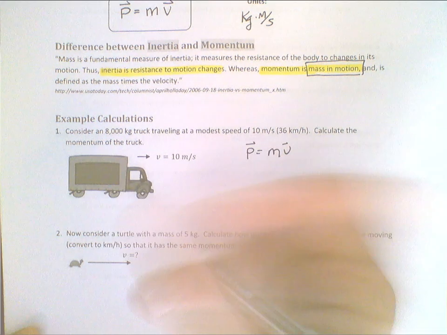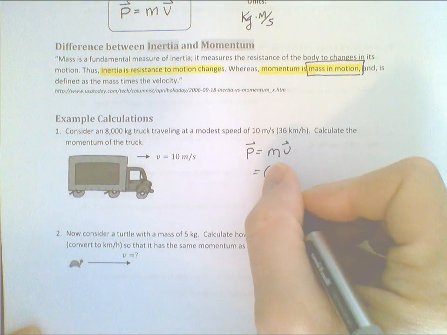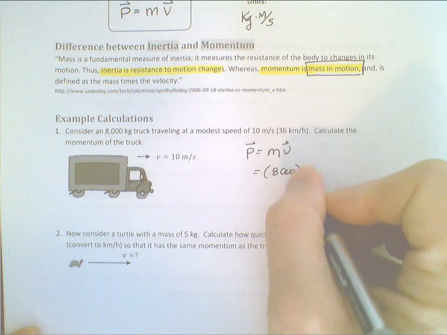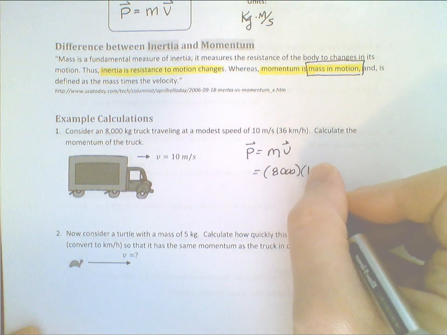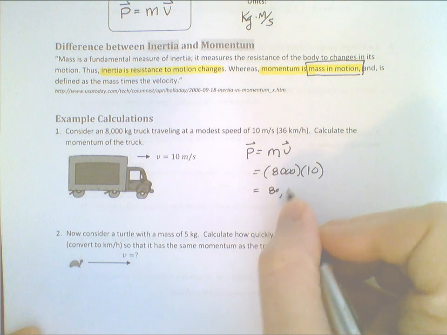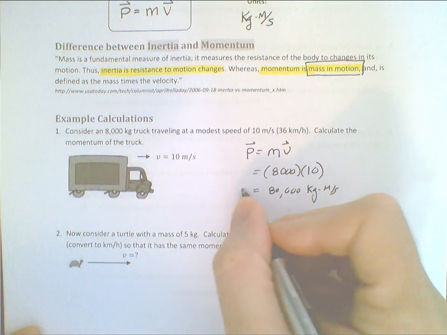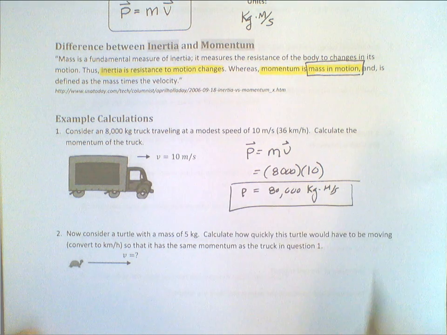The direction is positive to the right, so we can drop the vector signs in this case. We put in our values, 8,000 times 10, and that carries a momentum of 80,000 kilogram meters per second.